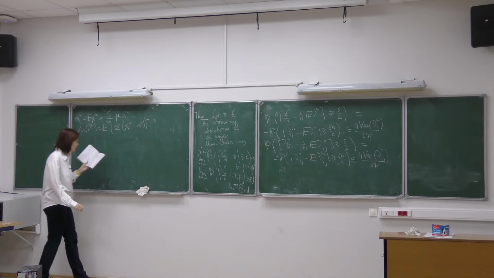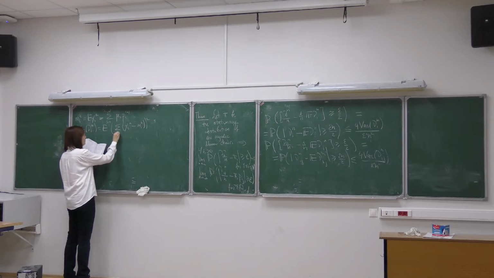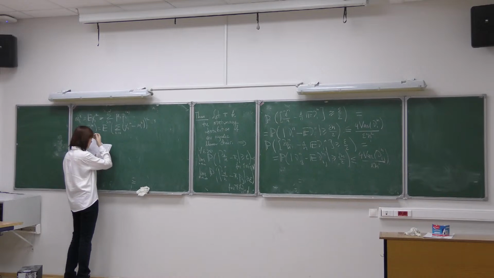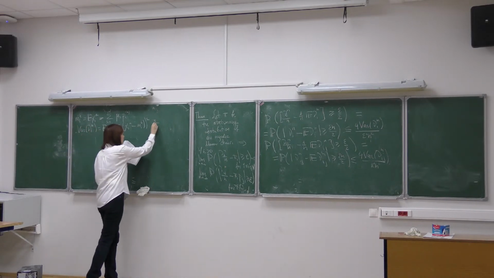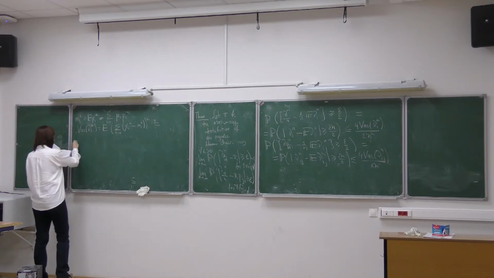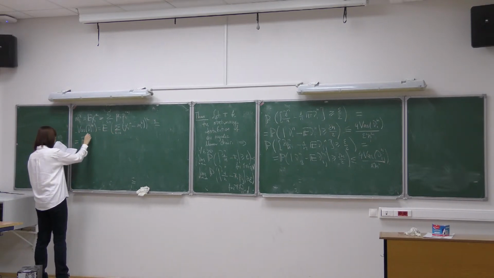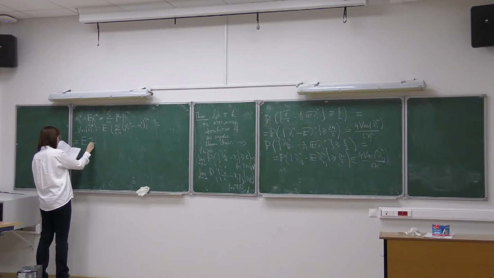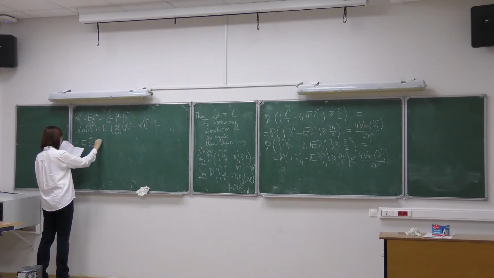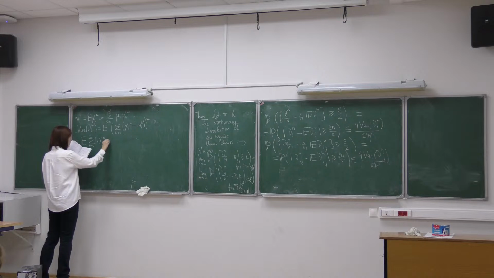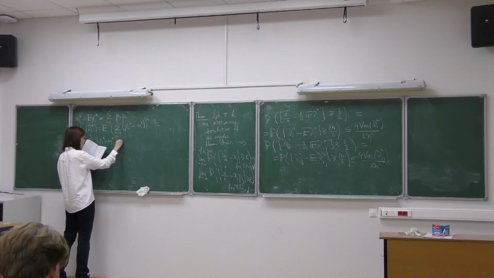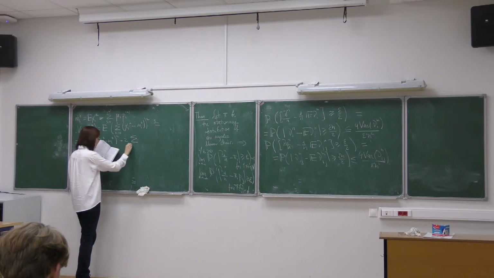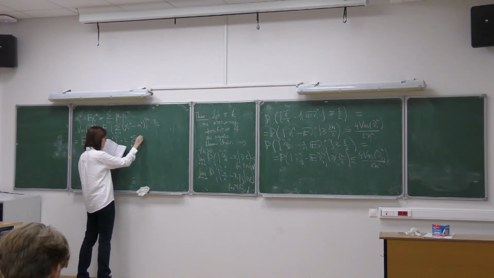So that's what we need to compute. So let's do it. What is it? This is a mathematical expectation of this sum, X_ik minus m_ik square, plus the sum over k1 smaller than k2.